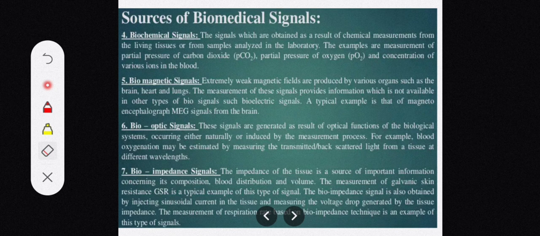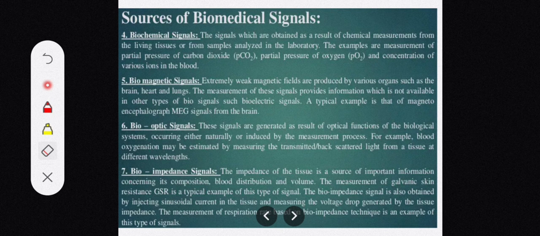So if you measure the impedance of a tissue, you will get certain information related to the tissue, like its composition, blood distribution, and blood volume. The measurement of galvanic skin resistance is a typical example of this type of bioimpedance signal.